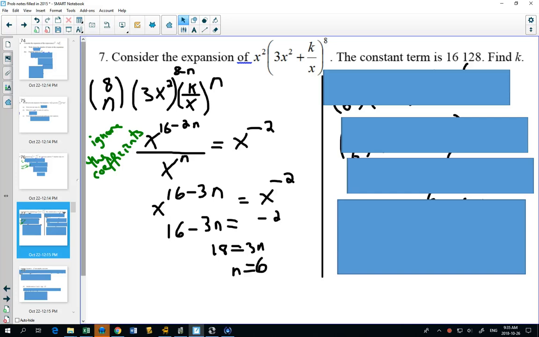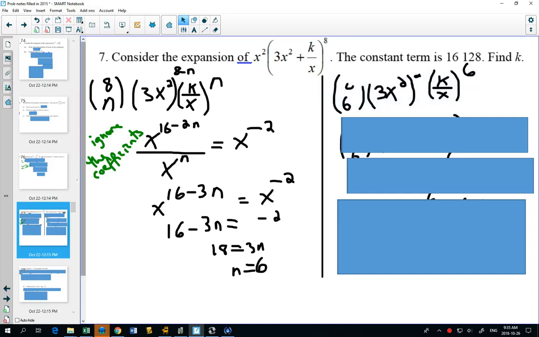That in itself would have been a hard enough question. But then we still need to find out what the value of k is. So now that we know that n is 7, oh, of course, I went and erased everything here. My big fat eraser.